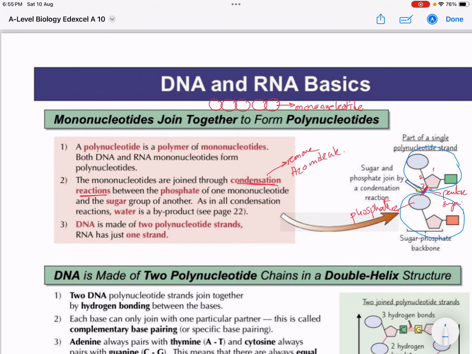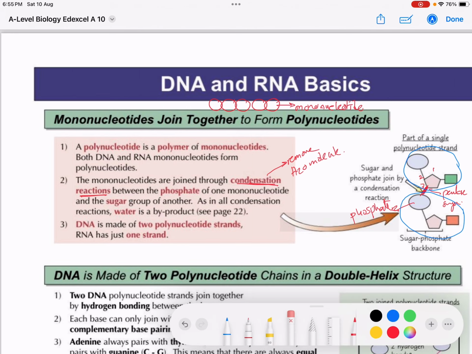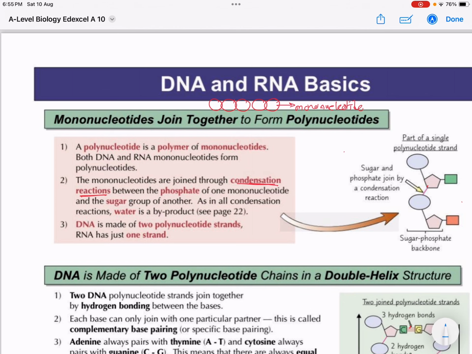Okay? Now, it goes without saying that in the structure of a DNA, for example, phosphate is the same. The pentose sugar, if I'm talking about DNA, then it's deoxyribose. But the base is different because we already mentioned there are 4 types of bases, right?